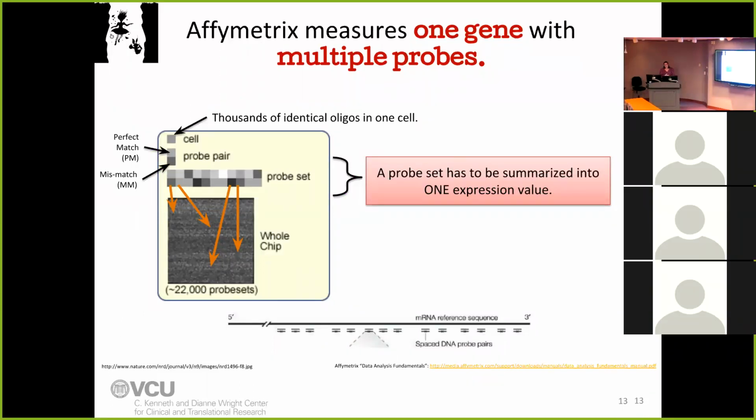One peculiarity about Affymetrix is that it measures 1 gene with multiple probes, where other technologies measure 1 gene with 1 probe. So with Affymetrix, 1 expression value in your matrix for a gene actually comes from about 11 to 20 different summarized values from a set of probes called a probe set.